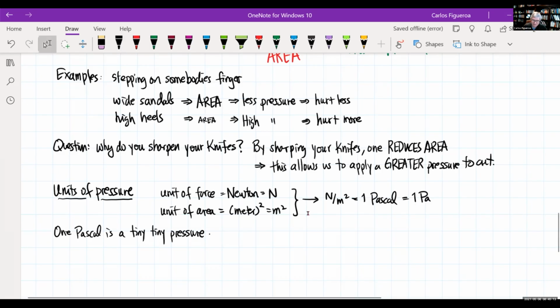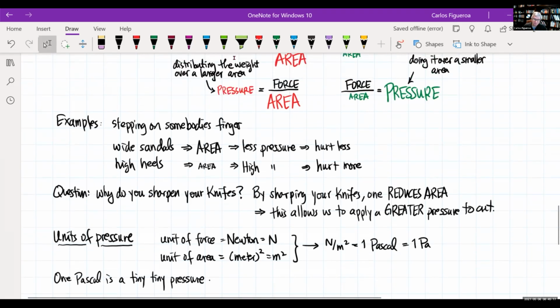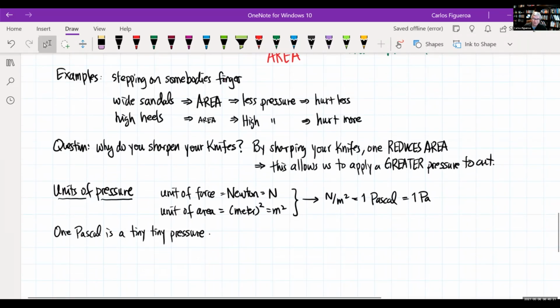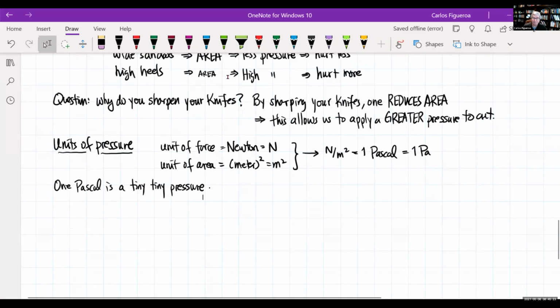Now remember what we said about pressure, right? It's how much weight is distributed over an area. So to get a sense of this, imagine that you have 1 stick of melted butter.